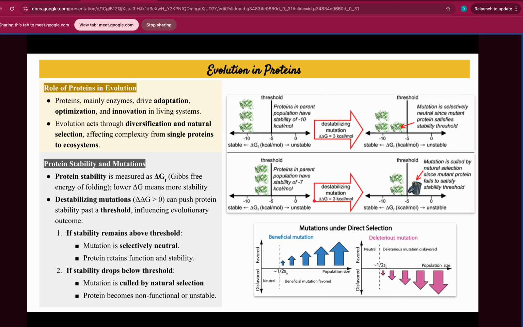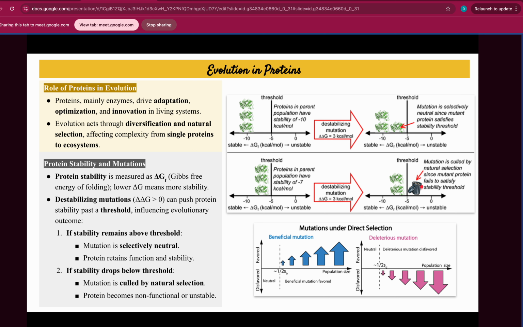But in the second scenario, we have all the proteins lying in this -7 kilocalorie range. Now if a second round of mutation happens, and again its delta delta G value is 3 kilocalories per mole, then in this case it will cross the threshold and be at the value of -4 kilocalories per mole, which is greater than -5.